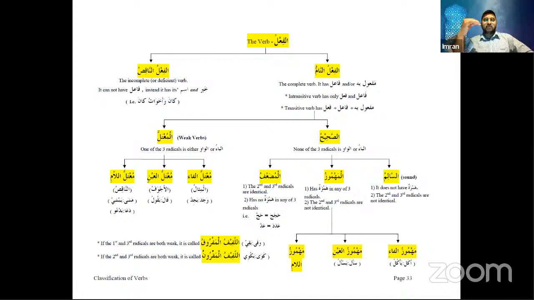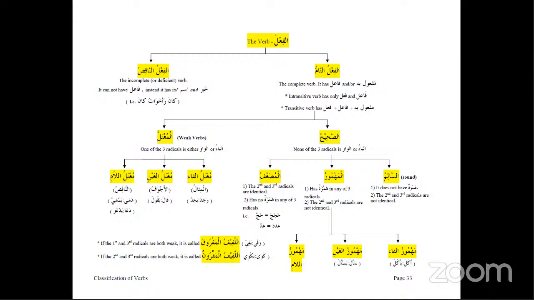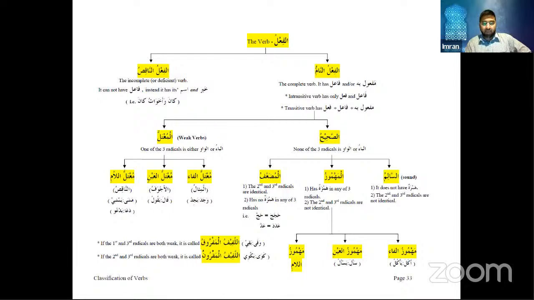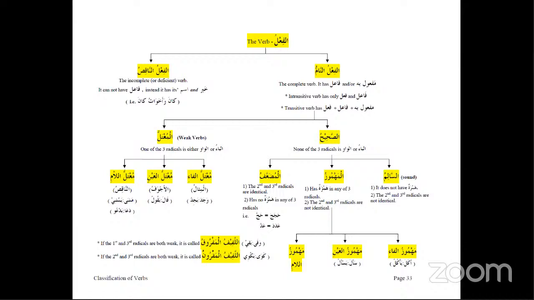When inna comes, it changes the mubtada, which has a dhamma, Zaydun, to a fatha, Zaydan. And Zaydan becomes the ism of inna. And waqifun ends with a dhamma tanween, and it is treated as the khabar of inna. Is that clear? Yes. Thank you.